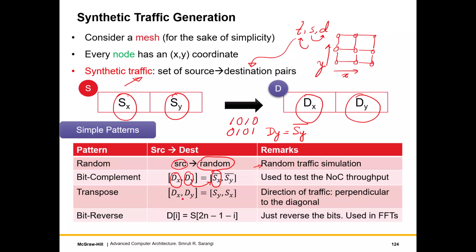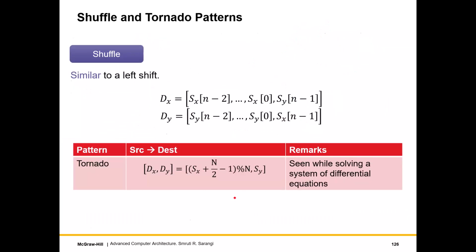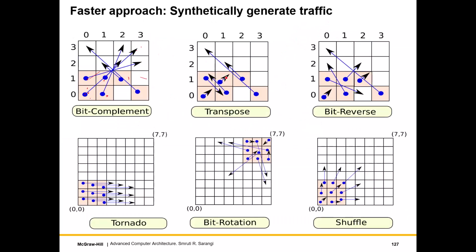The other is transpose, which is basically, you just swap the x and y components. In this case, dx is equal to sy and dy is equal to sx. So you just swap them. The direction of the traffic is kind of perpendicular to the diagonal. When I show the diagram, you will see that swapping the components means 0, 0 stays here.